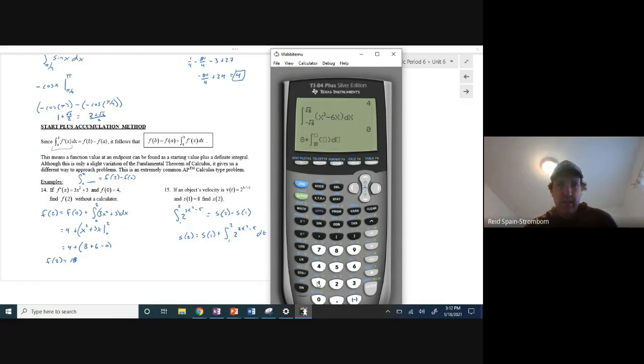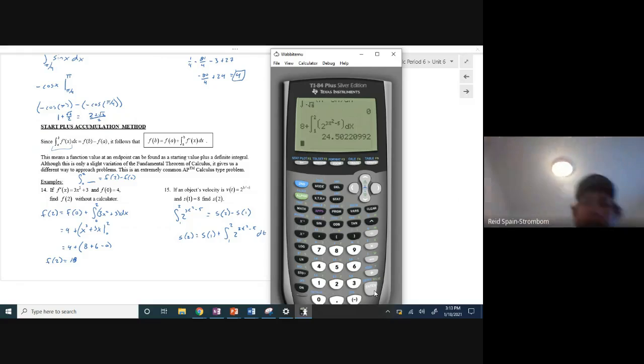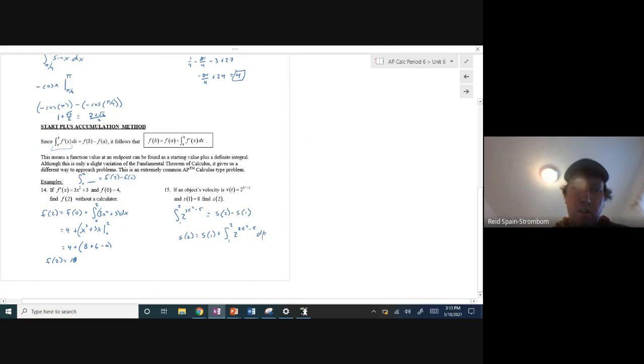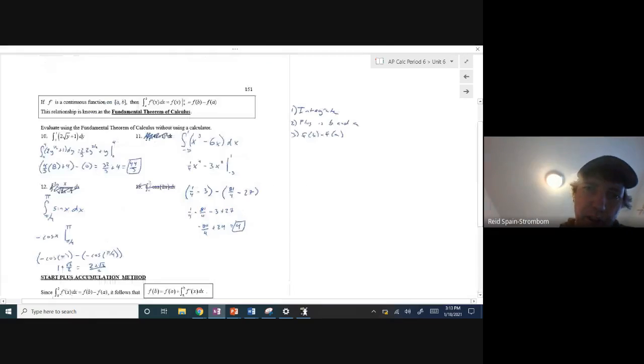We're going from 1 to 2. And we end up with 2 to the 3t squared, or 3x squared, minus 5 dx. And we end up with 24.502. Okay, so our answer there ends up being 24.502.